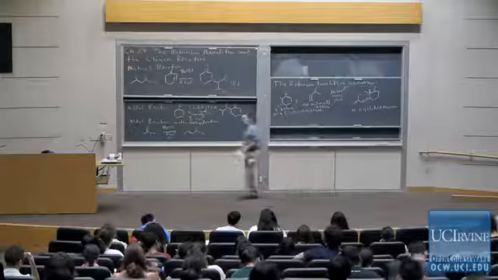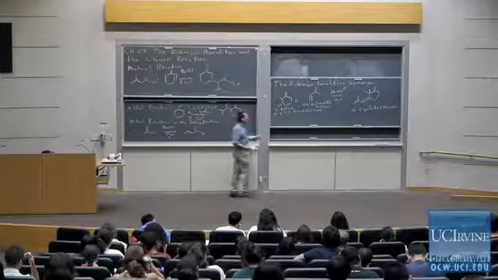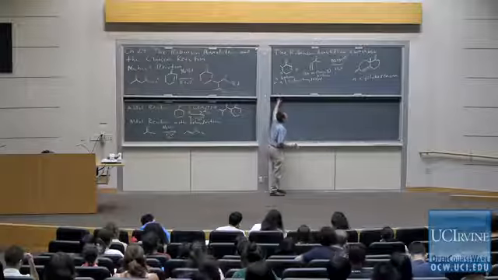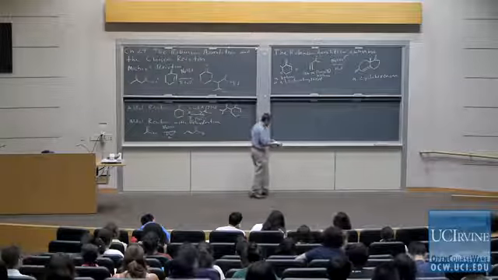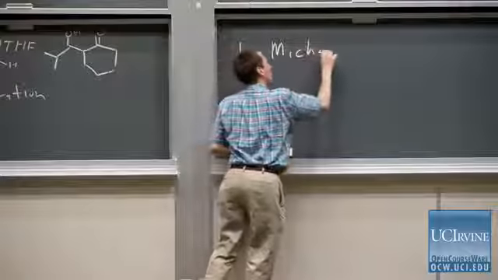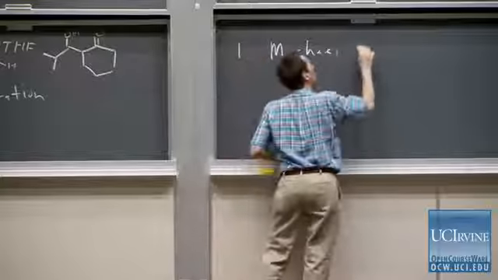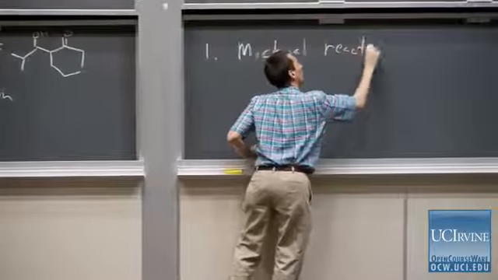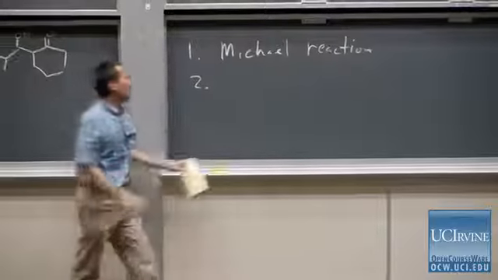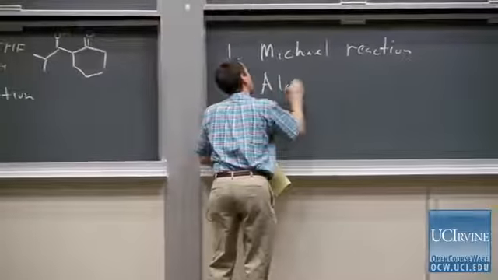All right, so what's going on here, we're going to break this out in just a moment, is three different reactions in sequence. The first reaction is a Michael reaction, or Michael addition. The second reaction is an aldol reaction.